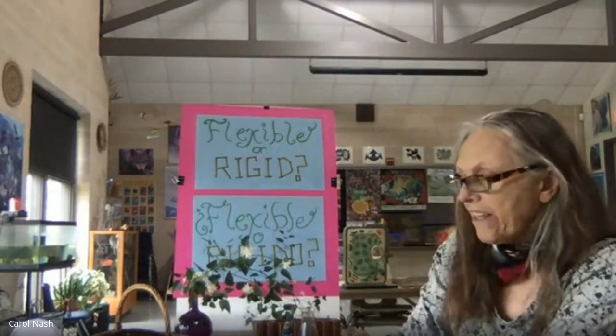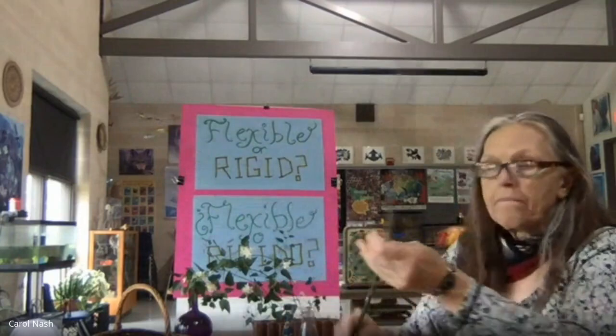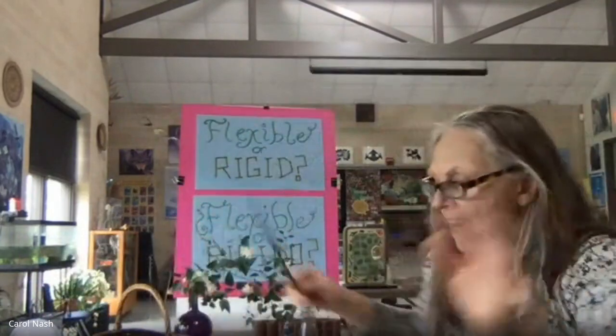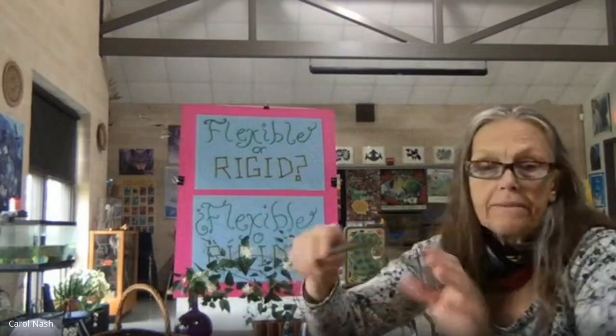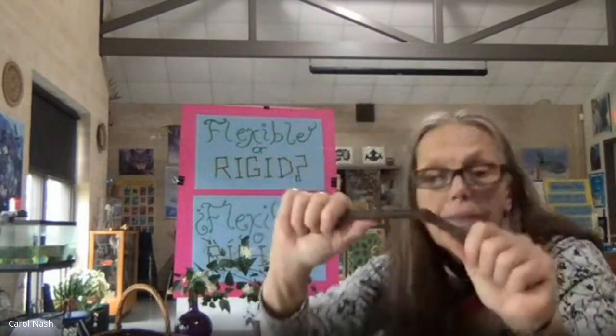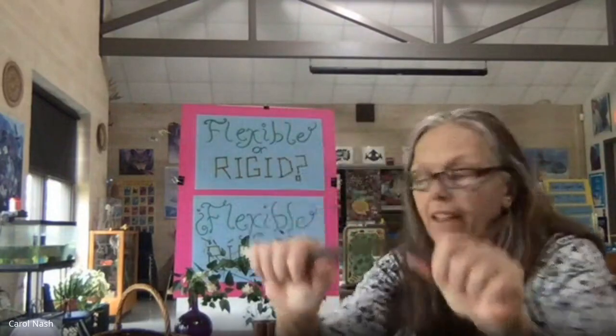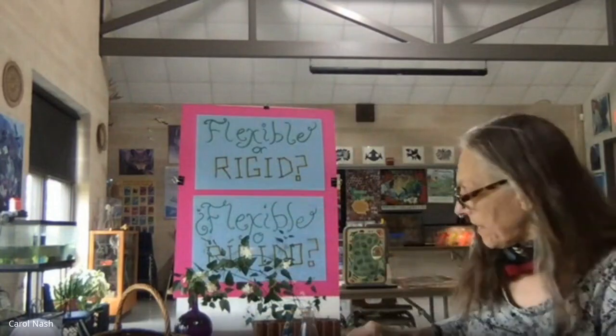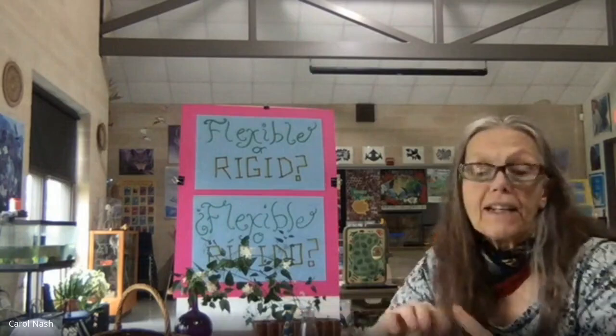The thicker one here, same plant, but thicker, is much less flexible. And a dead one, I can't bend it at all. I could break it maybe. So it has to do with being living or dead.